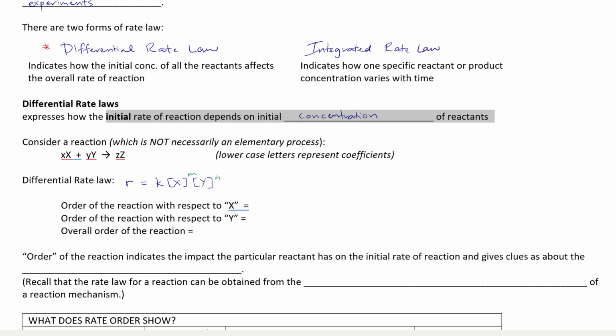They are not raised to their stoichiometric coefficients because you can only raise the concentration of reactants to the stoichiometric coefficients if it is the rate determining step in a reaction mechanism. So let's make a little note of that, because that is often a point of confusion.